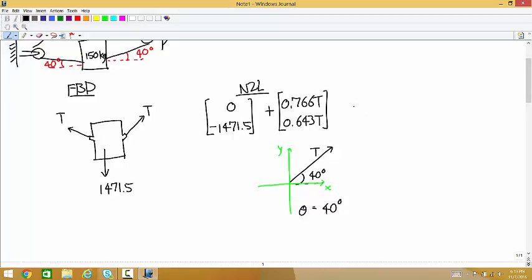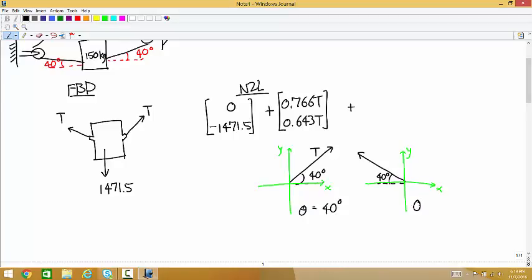And then for the other one, it's this way, and this angle is 40. So if you put the tail at the origin, now the angle you want is from the positive x-axis, 180 minus 40.